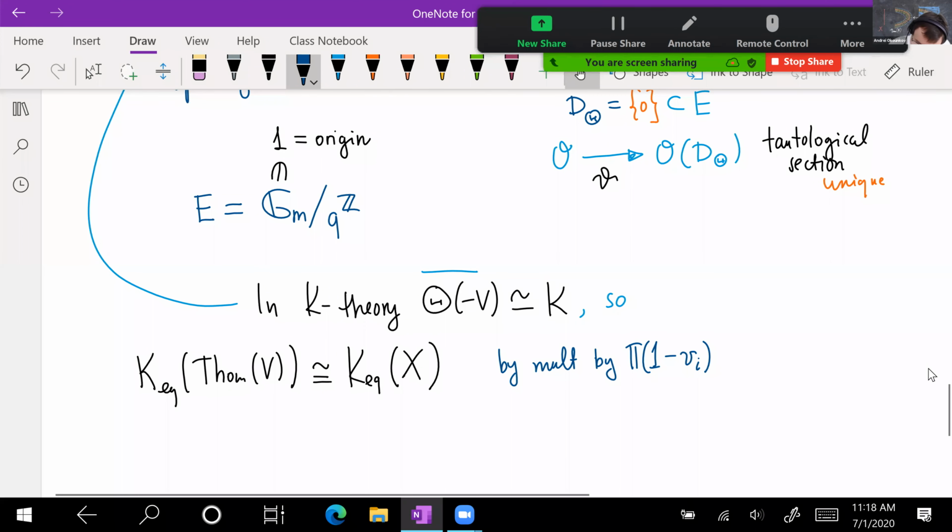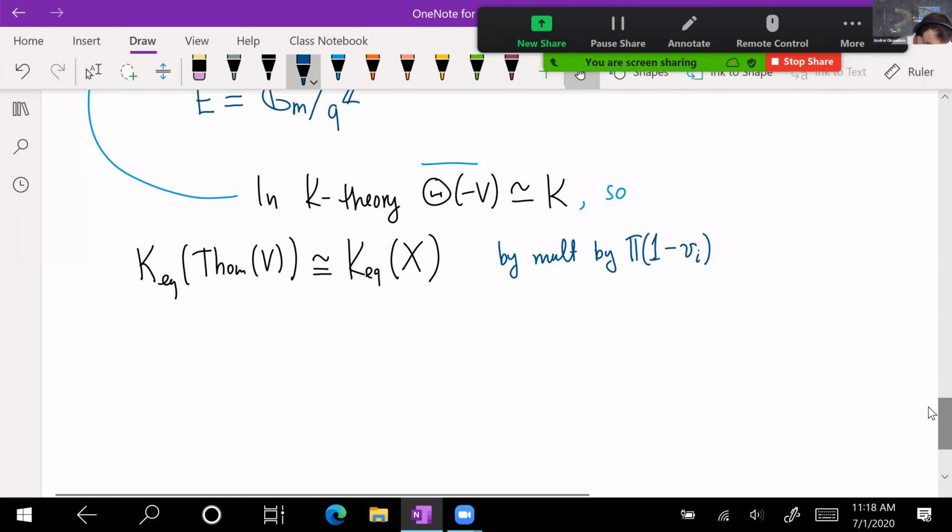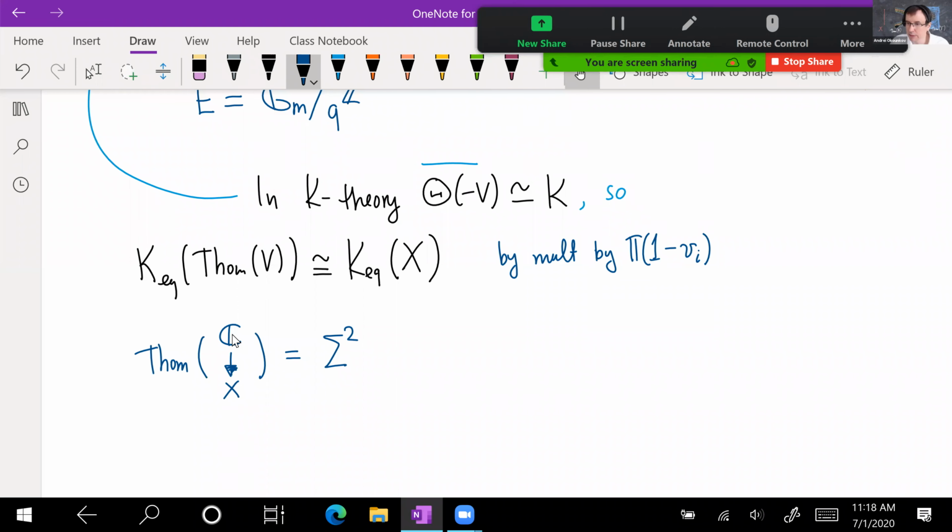For example, in particular, if I take the Thom space of a trivial bundle, just take a trivial bundle over X, well, like I said, that's just a suspension.